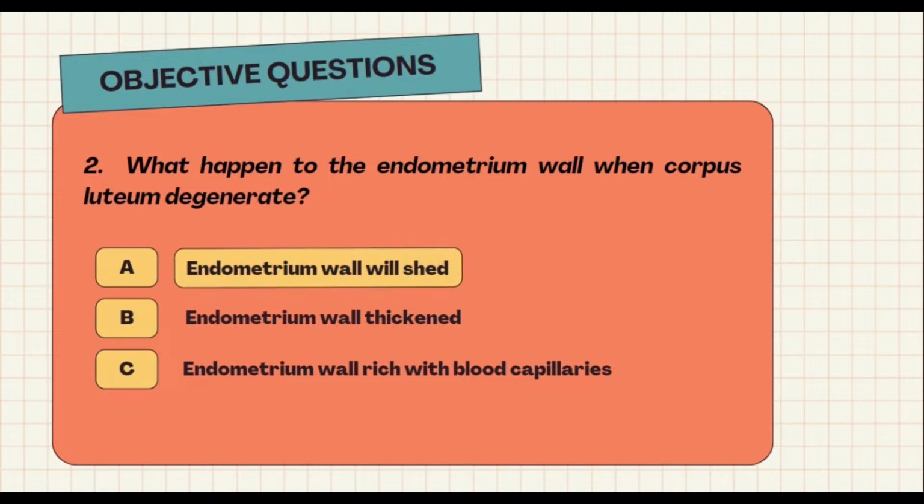Yes, the answer is A. Endometrium wall will shed. Why is it so? Corpus luteum's function is to secrete progesterone. So when corpus luteum degenerates, progesterone level decreases. Progesterone level drops. Thus, endometrium wall will shed.